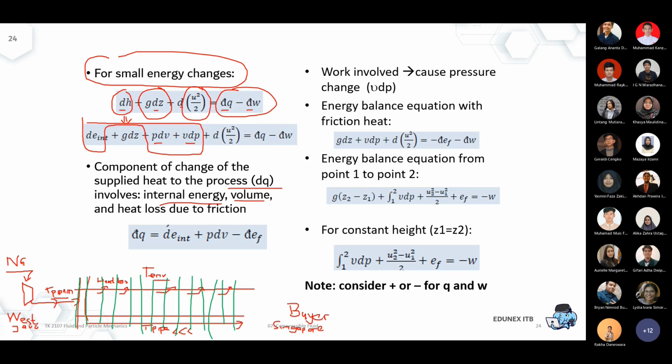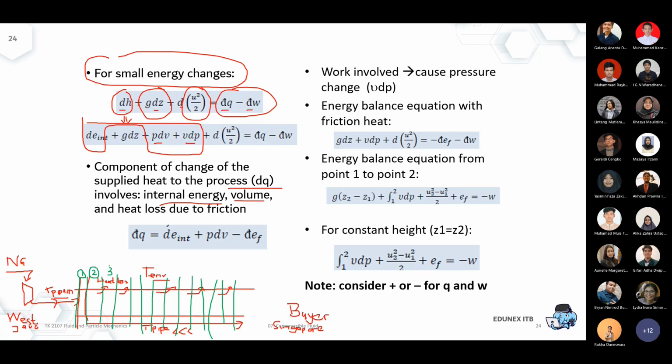Okay, so the biggest difference between the energy equation in liquid versus the energy equation in gas is that it's very likely for a long pipeline you have to use this kind of discretization. So you calculate the first section, which will have different pressure, different density, and different temperature from the second section.